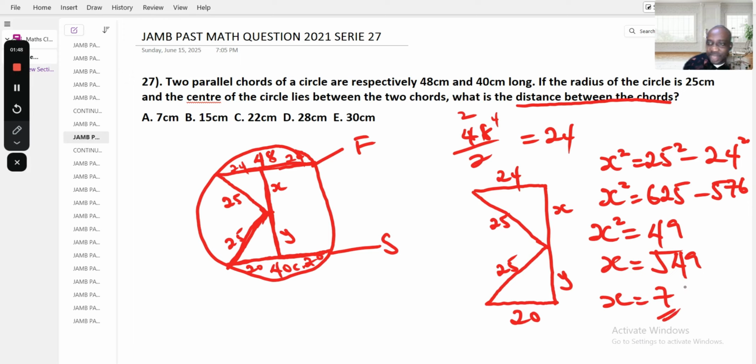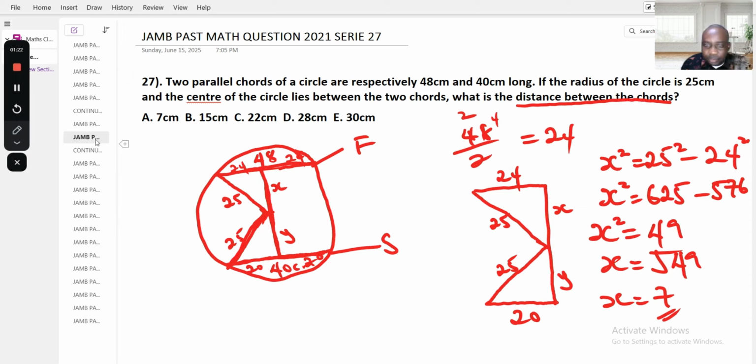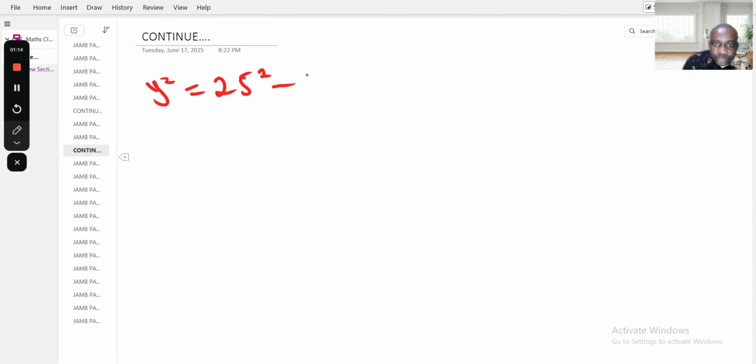That's 7. Now, let's go to another page to do the second one, to look for the side of the y. Therefore, y raised power 2 will be 25 raised power 2 minus 20 raised power 2.